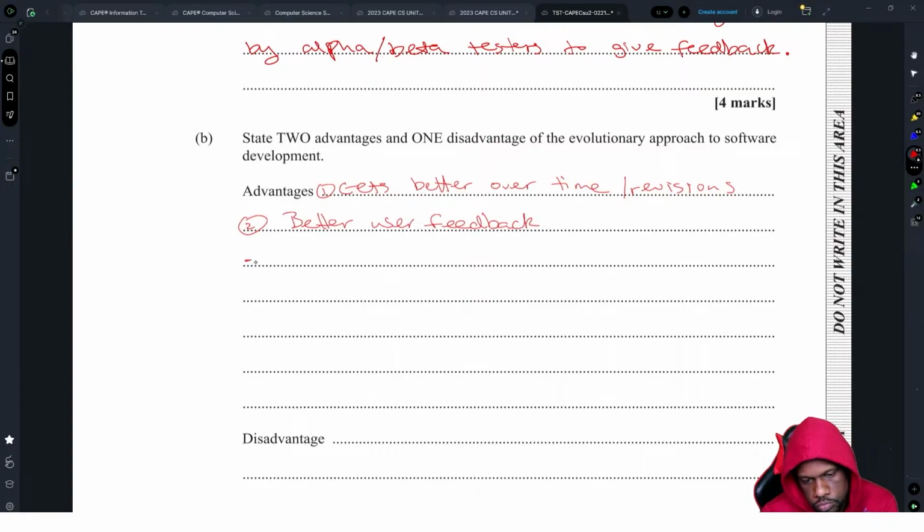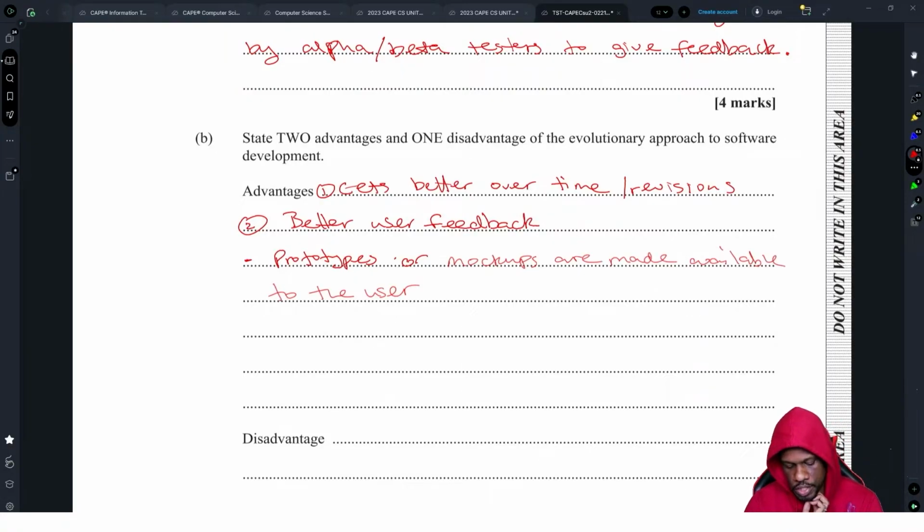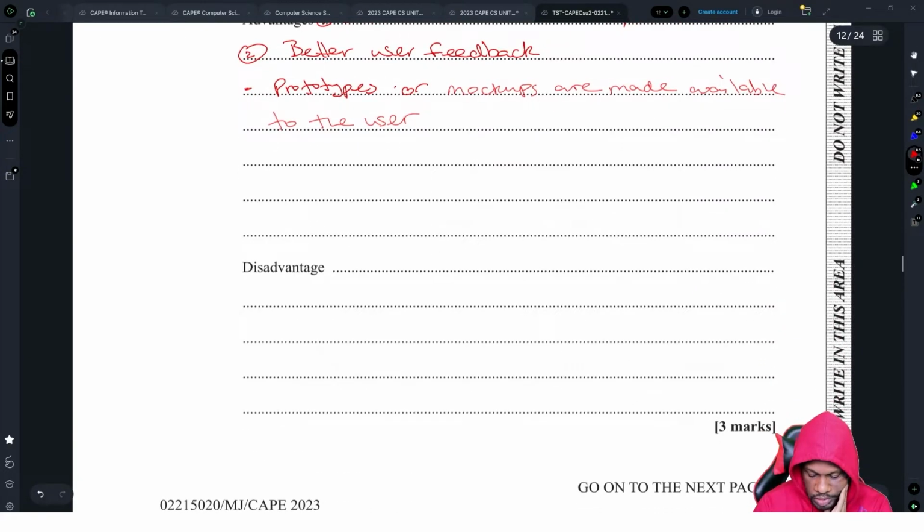Honorable mention, prototypes or mockups are made available to the user. That's usually a good one. Those 3 are usually good ones. There are probably about 5, but I'm not going to fight the 5. Those are the stronger ones.